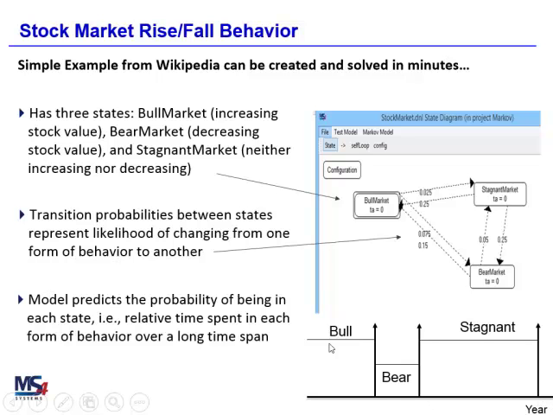The relative amount of time you spend in each state is predicted by the model as the probability of occupying that state. You create this model with very simple clicks on the state and the arrow buttons, and you assign probabilities as you would to create any model.